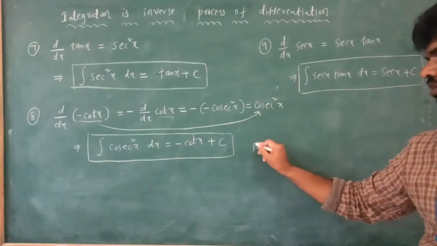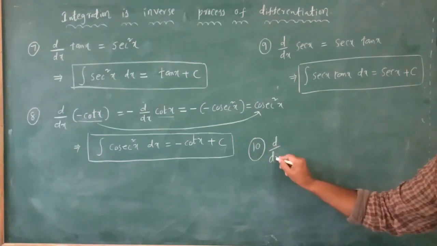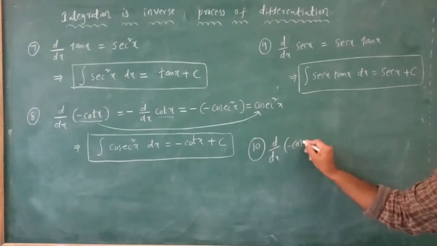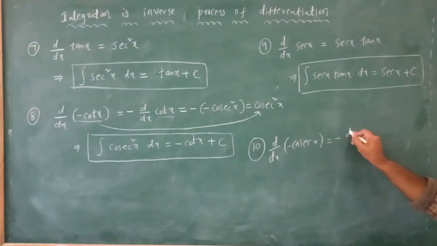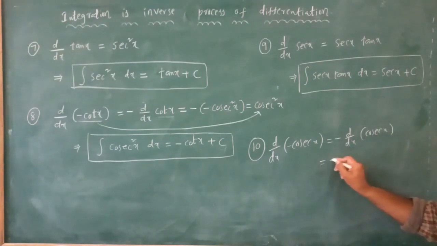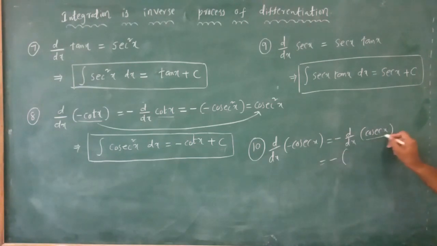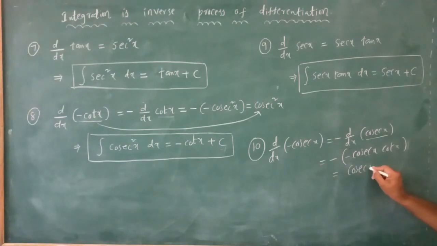Next, 10th one. What is the derivative of minus cosecant x with respect to x? Here dy dx of cosecant x, that is equal to minus of, what is the derivative of cosecant x? Minus cosecant x cot x. That is minus into minus, plus. So finally what you get?